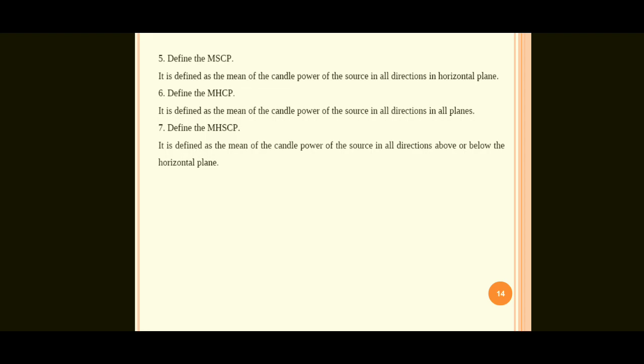Part 18 covered simple problems on illumination. A total of 5 basic problems are covered, and these topics are definitely important questions.